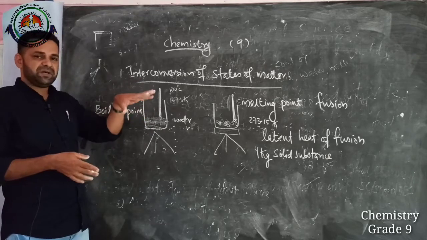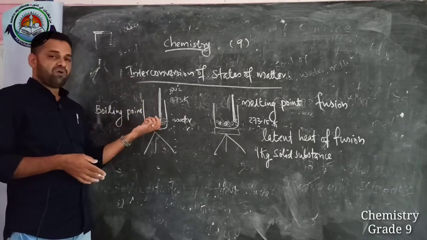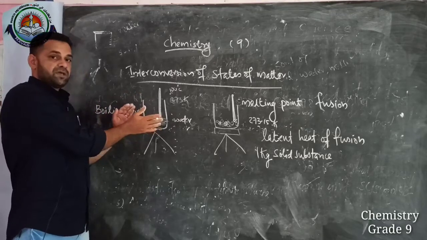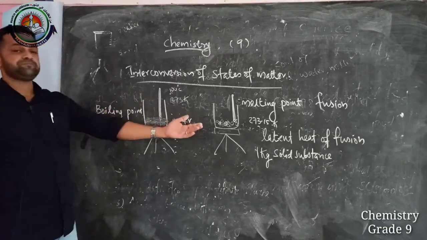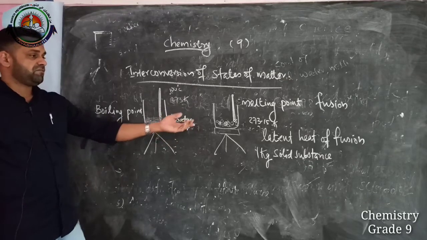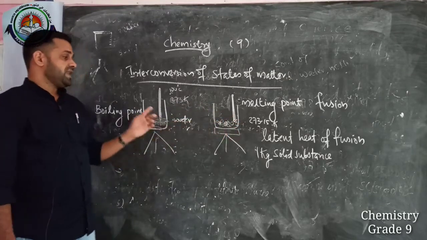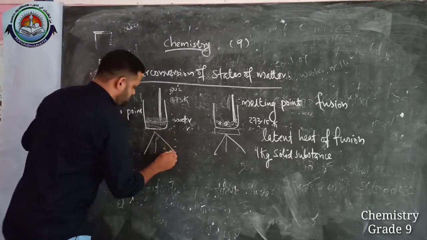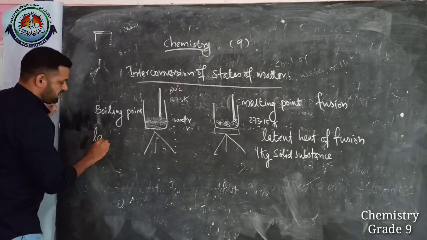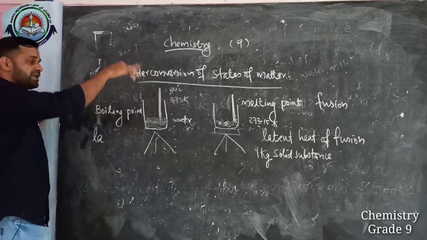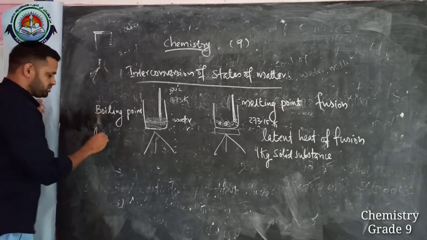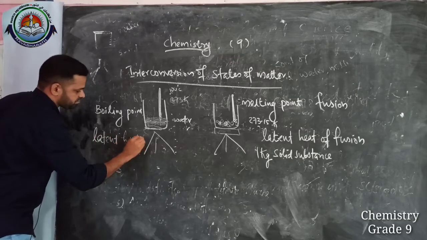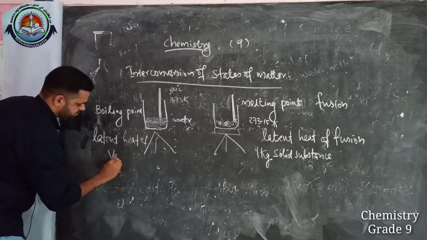That heat is absorbed by the water molecules and hidden in them, and that is called latent heat. But here, instead of latent heat of fusion, it is latent heat of vaporization, because liquids convert into gases, which is called vaporization.